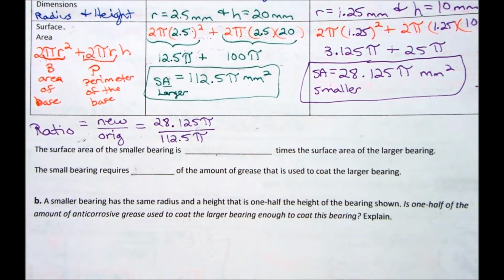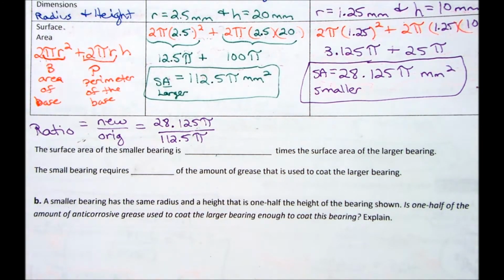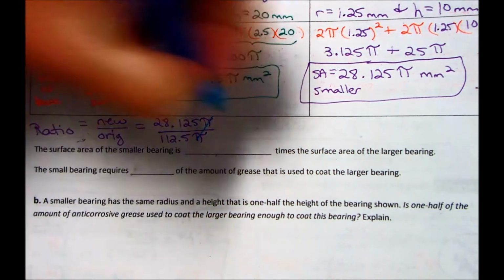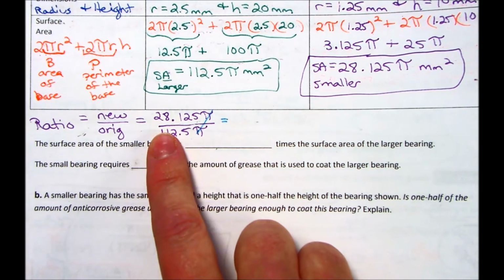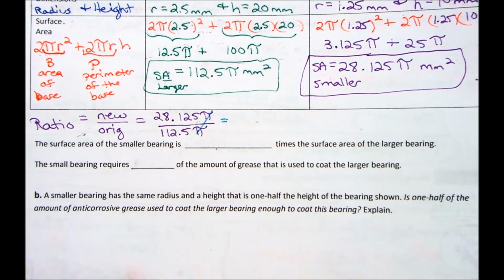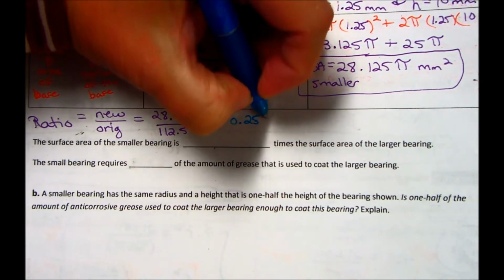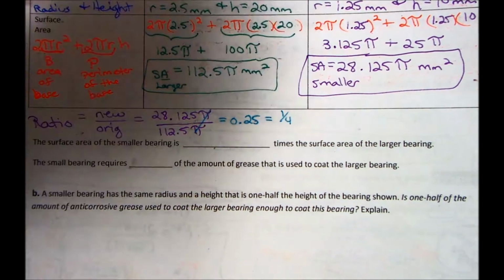And then we're going to reduce this. Well, if you notice, they both have a pi, so we can reduce the pi's, and then we can divide the 28.125 by the 112.5, and we get 0.25, which is equal to 1/4.